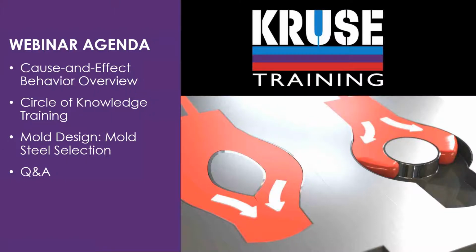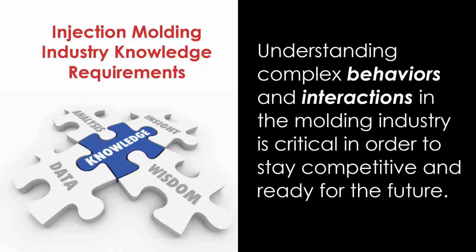Let's go on. Understanding complex behaviors and interactions in the molding industry is critical in order to stay competitive and ready for the future. That is definitely true. As we all know, injection molding is a complex manufacturing process.